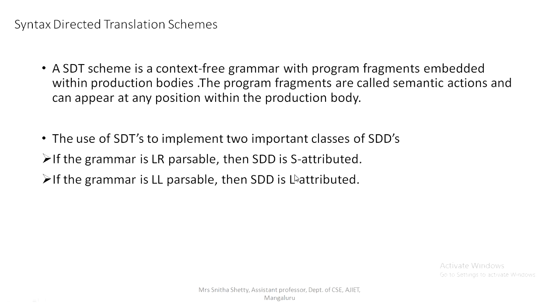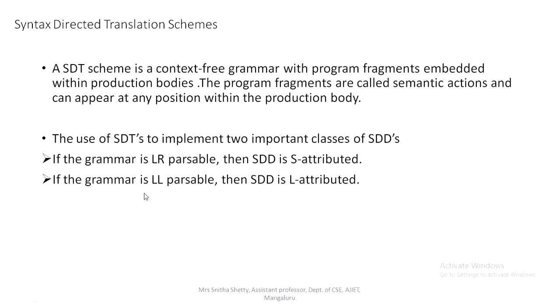Now what are this S attribute and L attribute? We'll see the difference later, but remember, we write S attribute if the grammar is for an LR parser. If the grammar is for an LR parser, then the SDT is S attribute, and if the grammar is for an LL parser, then the SDT is L attribute. What are LR and LL?